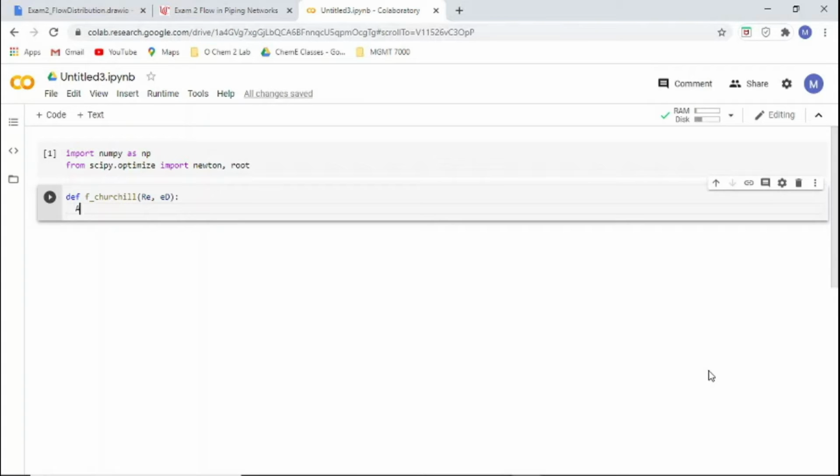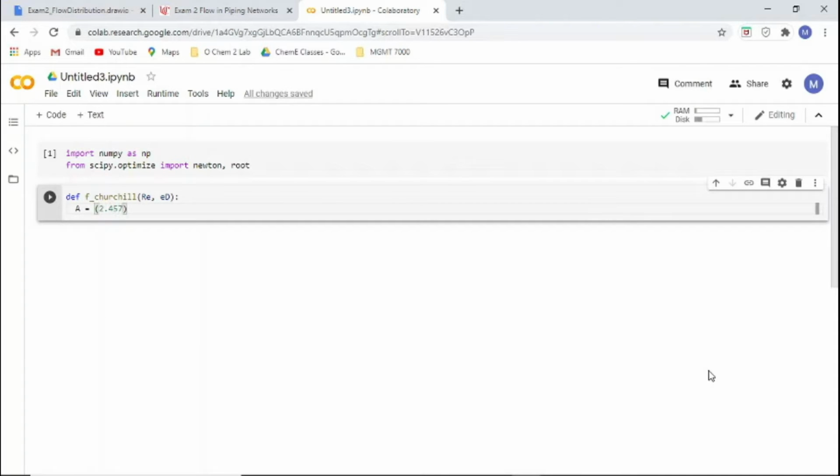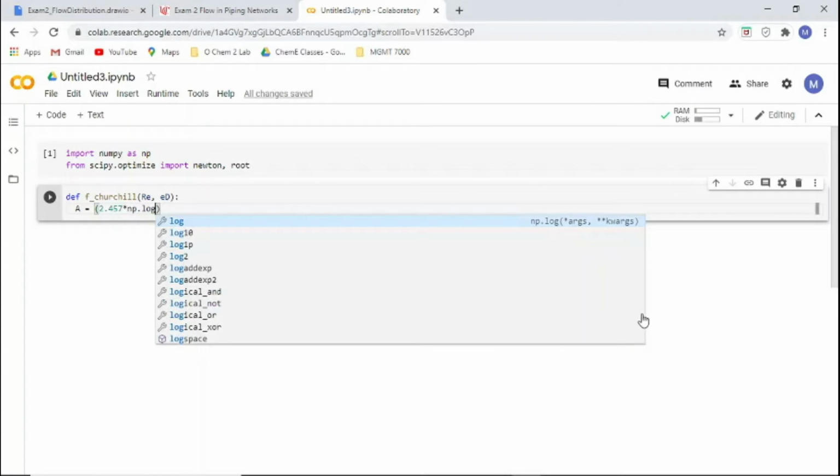So A is going to be equal to 2.457 times np.log, where np comes from the numpy we imported above so that we can have specific kinds of functions like log and pi.